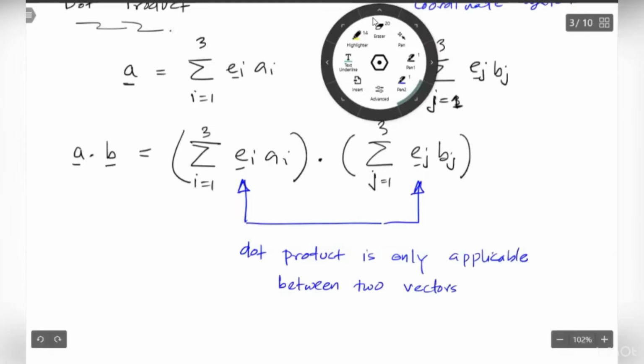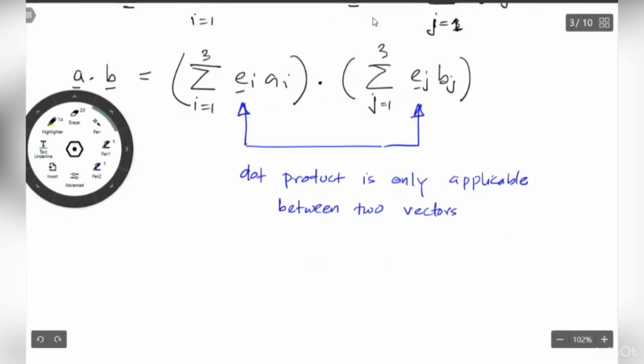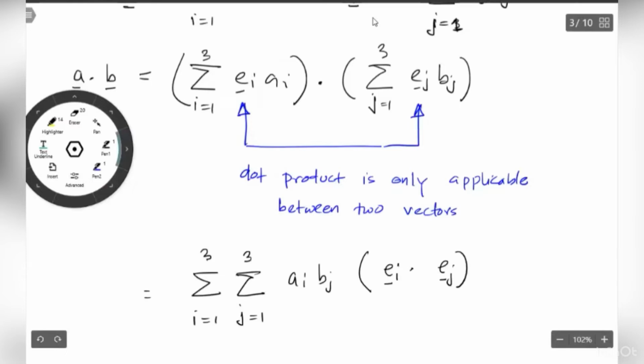Right, between two vectors. So in this case, what we can write here is equals summation i equals 1 to 3, summation j equals 1 to 3, a_i, this is a scalar, b_j, this is a scalar, multiplied by e_i dot e_j, right?